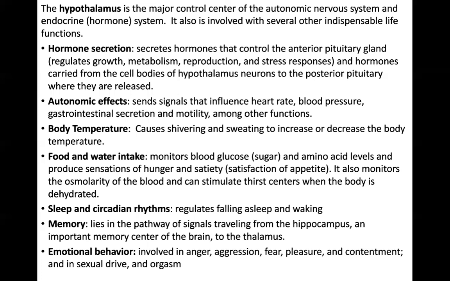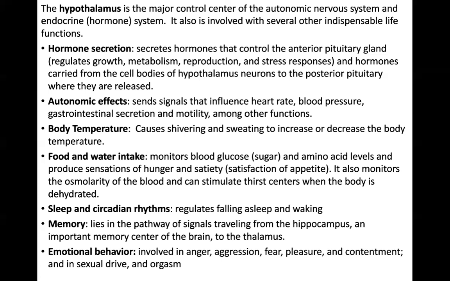So anything that's controlled automatically for us can thank your hypothalamus. It's also the major regulator of your endocrine system, which we learned back in Unit 1, along with the nervous system, are the two systems in charge of everything. We'll talk about the endocrine system in our next unit.